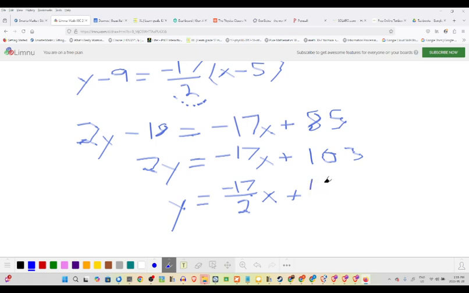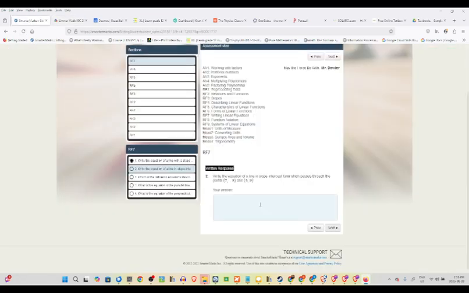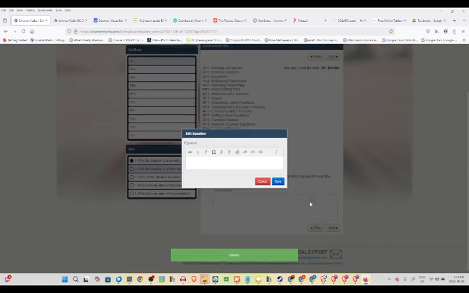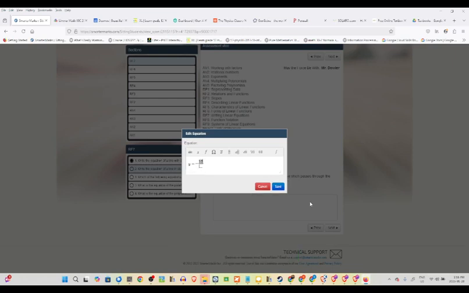We have a negative 17 over 2x plus 103 over 2. So y equals negative 17 over 2x plus 103 over 2.